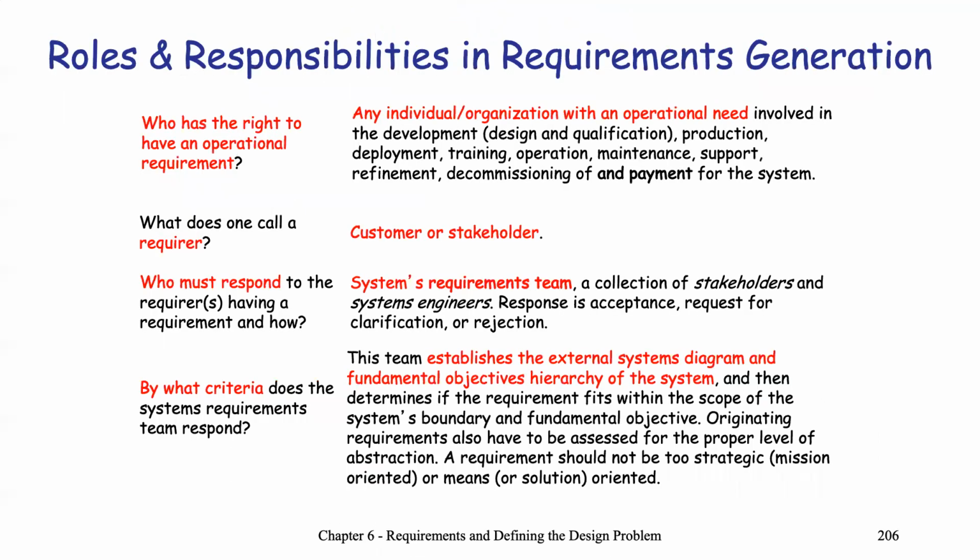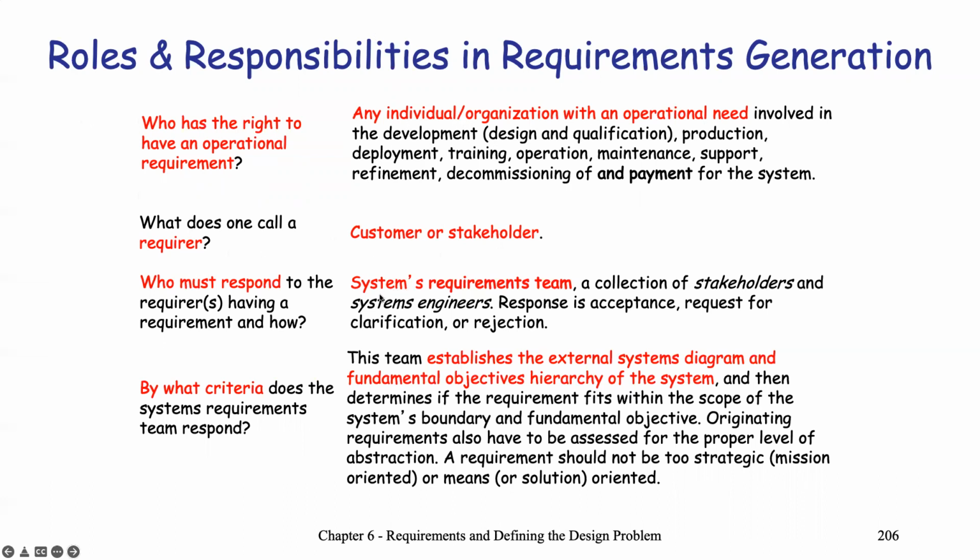So there's a couple charts here talking about roles and responsibility and requirements generation. And so who has a right to have an operational requirement? The answer would be any individual or organization with an operational need. What does one call that? You can be thinking of that as a customer or stakeholder, and you've been hearing me use those terms. Who must respond?